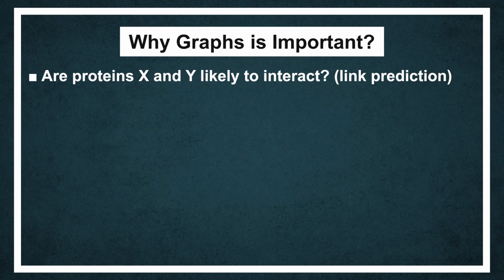And the fifth question is, are proteins X and Y likely to interact with each other? So, such kinds of problems can be solved with the help of graph theory. Graphs can be classified into different types based on the nature of the connections, the strength of the connections and so on. Here we will review some of these basic concepts.